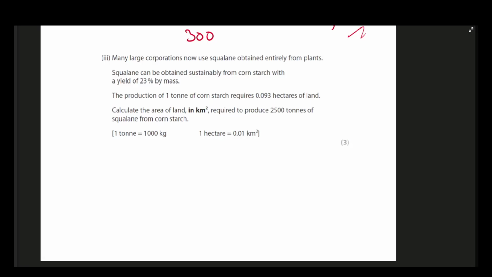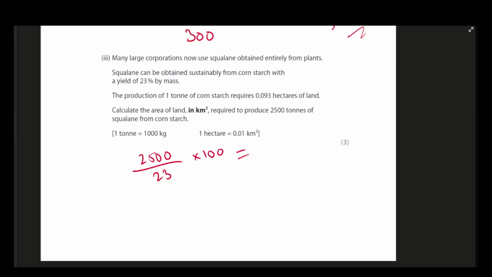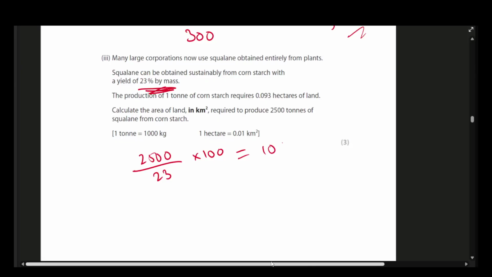At first, let's calculate the mass of the cornstarch required, which is kind of easy, right? Squalene is obtained at 23% by mass from the cornstarch, and we need 2,500 tons of squalene.